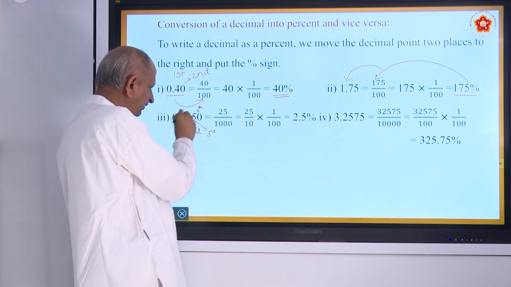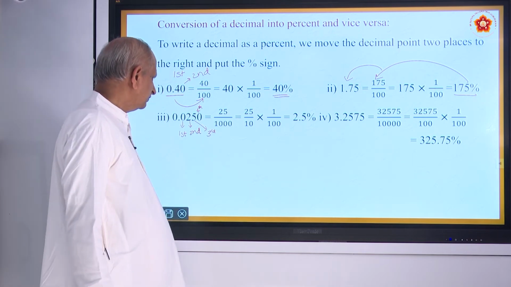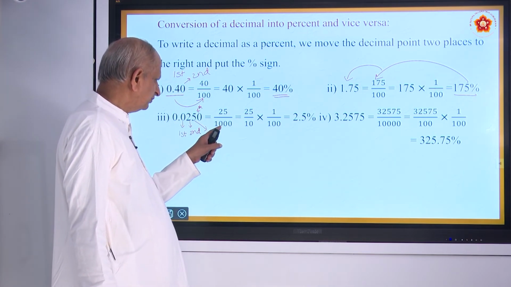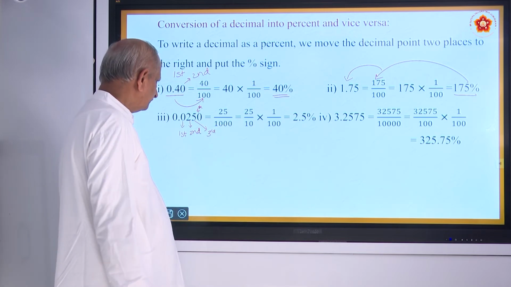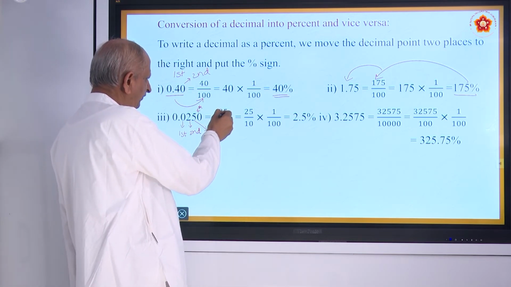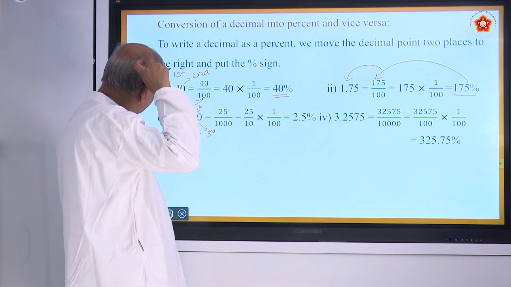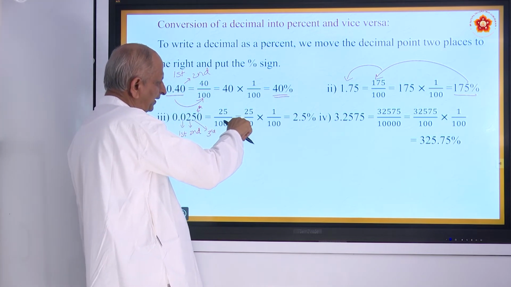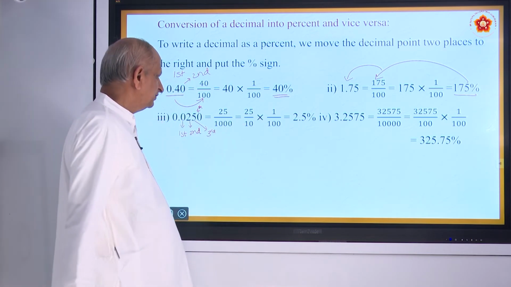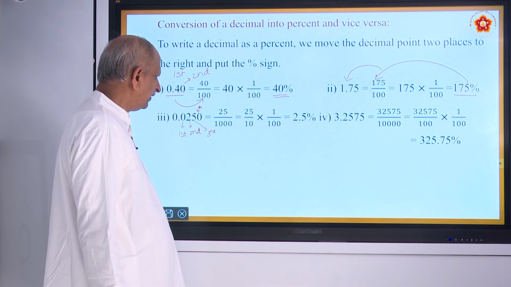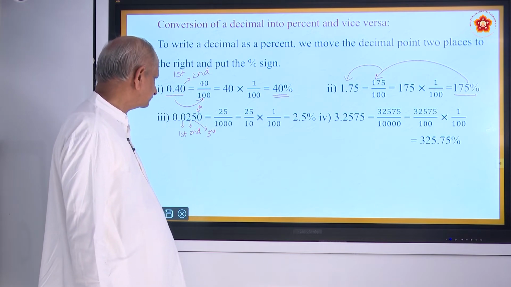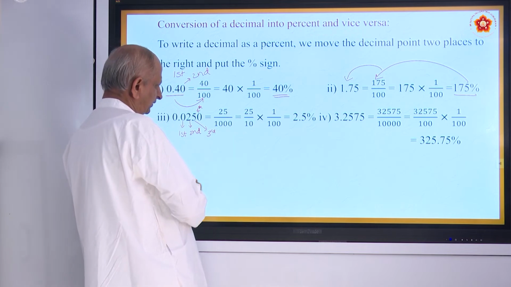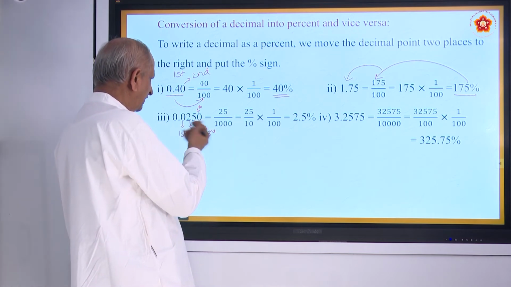All these are after the decimal point. So there are 4 places. So divide by 10000. It will be 25 by 1000 and that is nothing but 25 by 10 into 1 by 100, that will be 2.5%. Okay. So 2.5%.